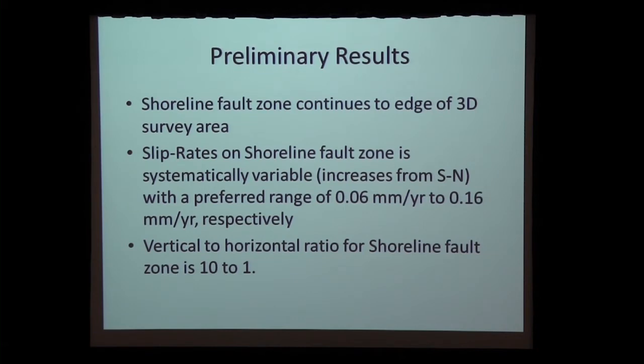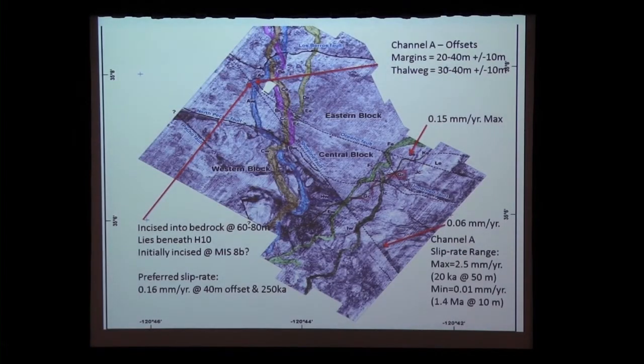Okay, so the preliminary results of this are that we think we now can follow the shoreline fault very nicely to the edge of the volume. We've now extended it, if you like. Remember I told you we saw it up here when we started.